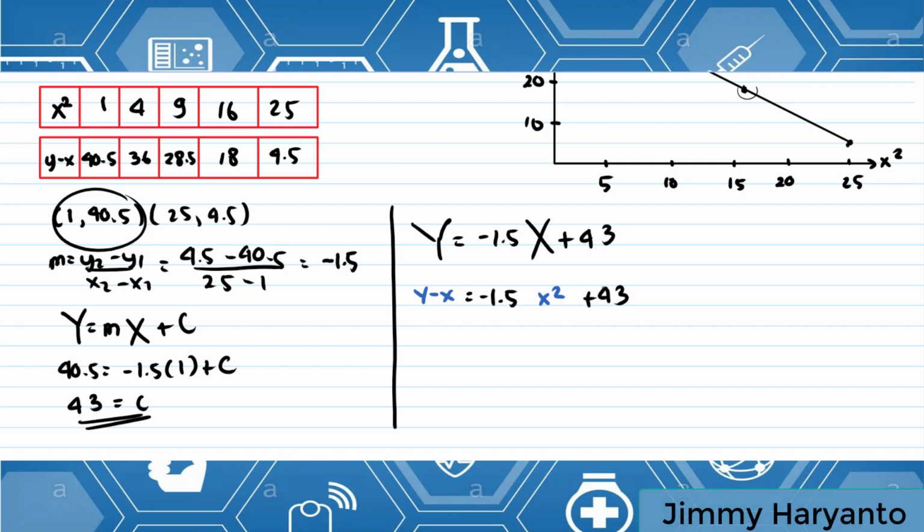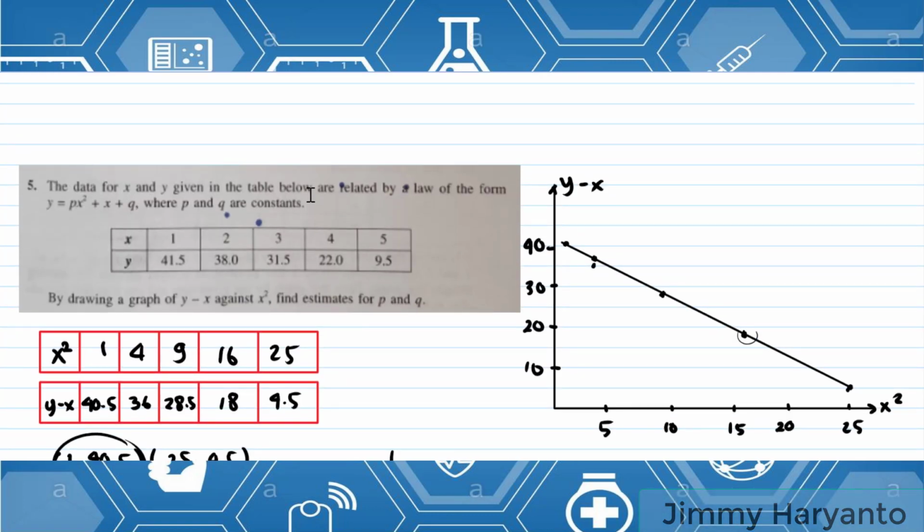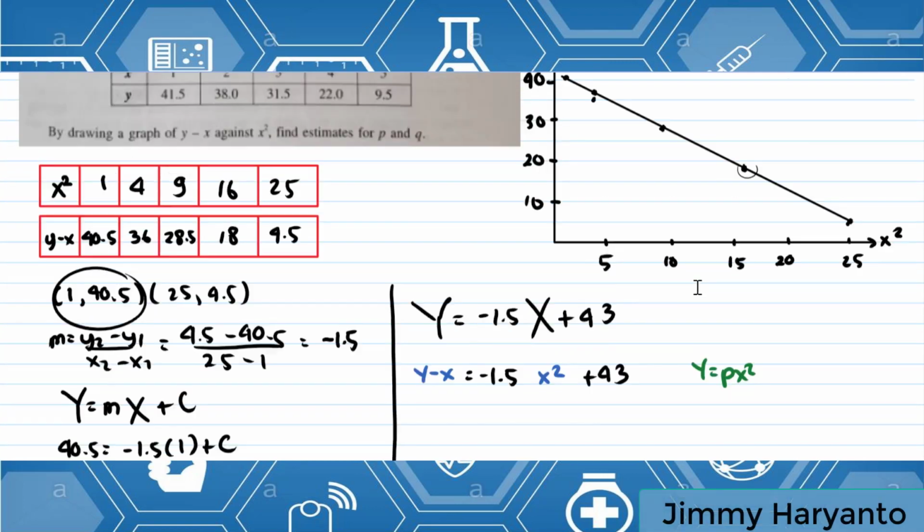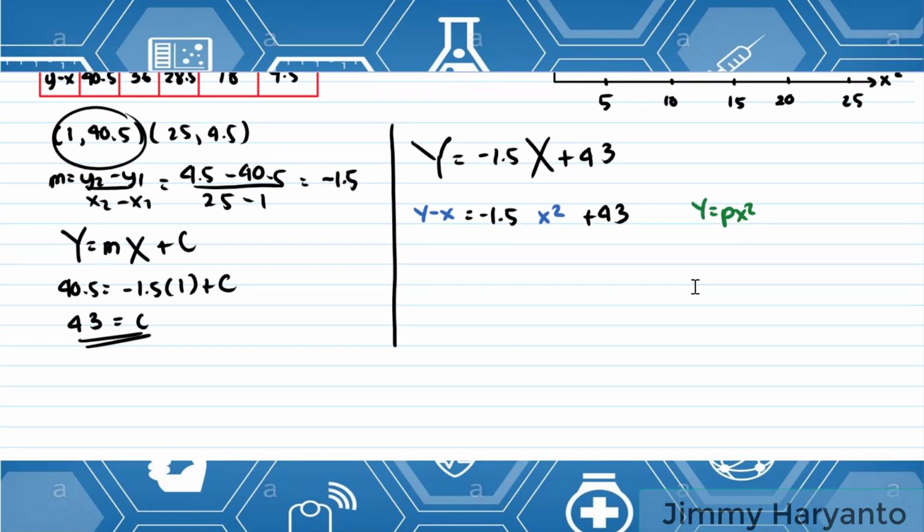The question wants us to find p and q, so we have to make it similar. The question is y equals px squared plus x plus q.